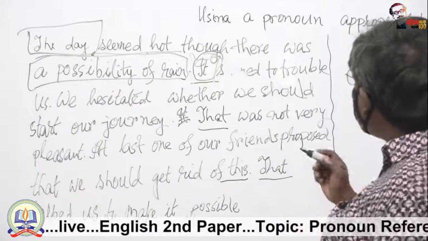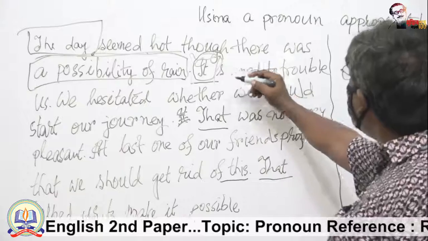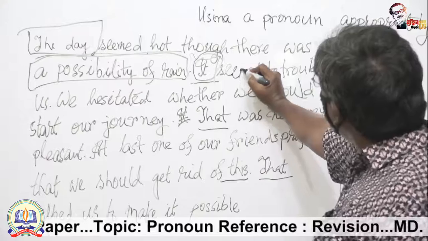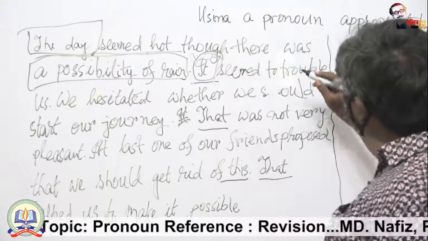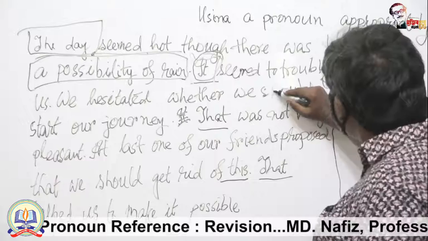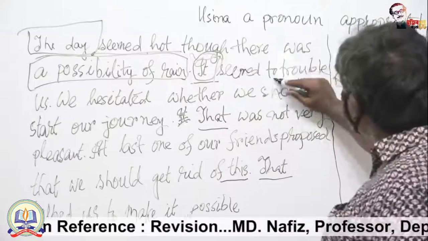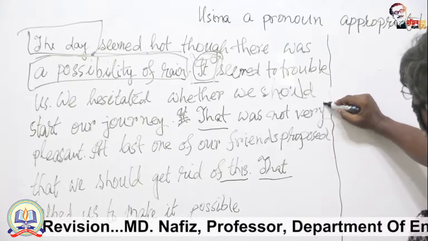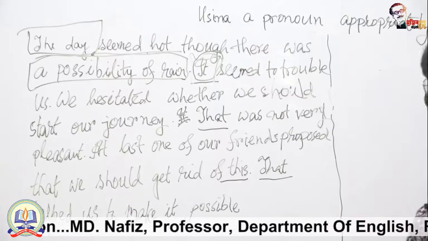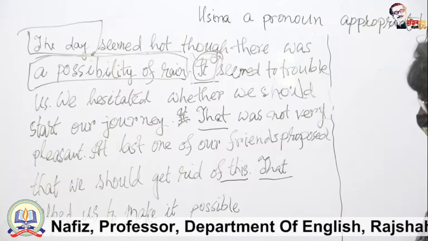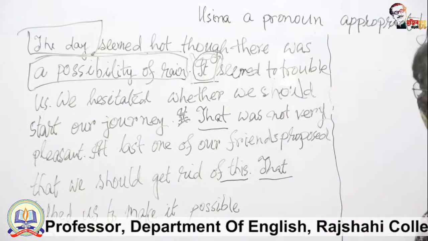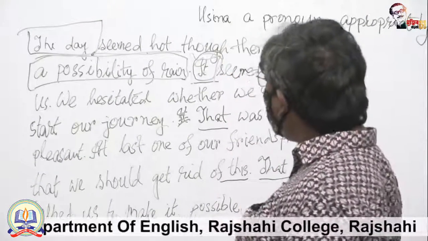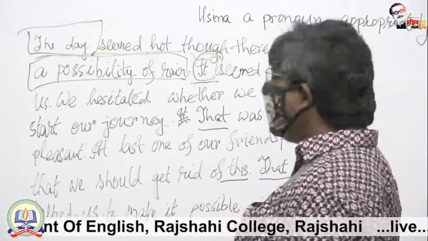Whether the day was troubling us, or whether the possibility of the rain troubled us. Which one? And now, it means the day or a possibility of rain. Which one do you think?